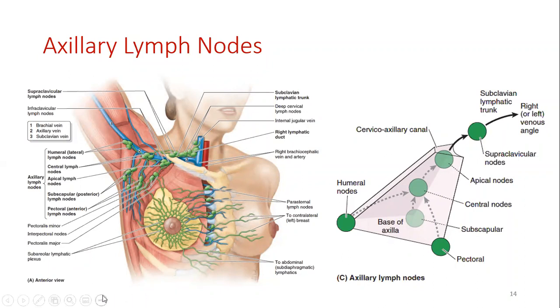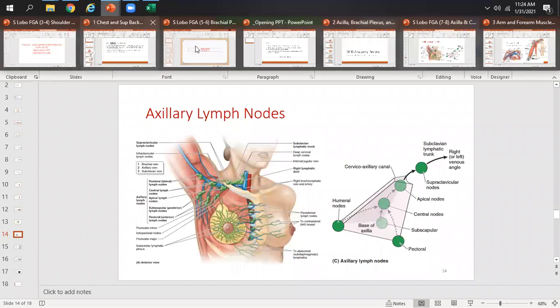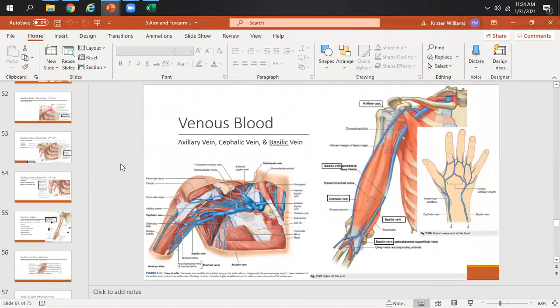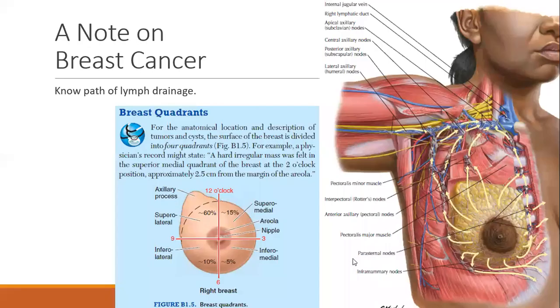Let me see. I know I have it in one of my other review slides. Is it this one? Yes, here we go. So when it comes to breast cancer, and once again, this is another picture, most of breast cancer is in the upper outer quadrant. So thankfully, those are the ones that we're able to detect with the spread through the axillary lymph nodes.